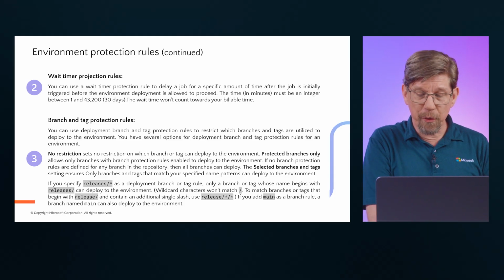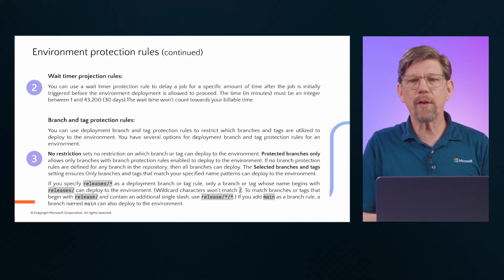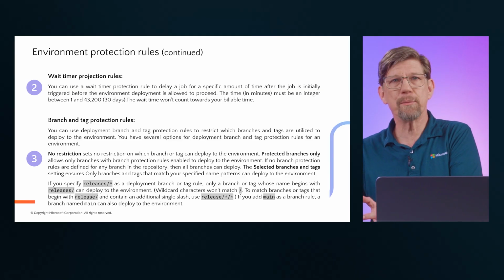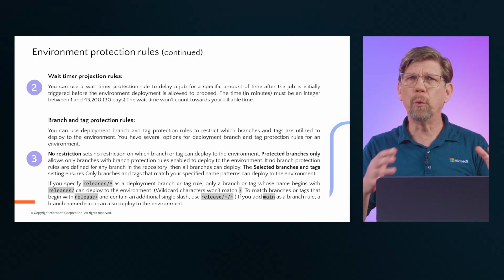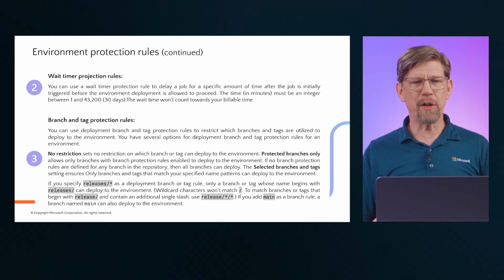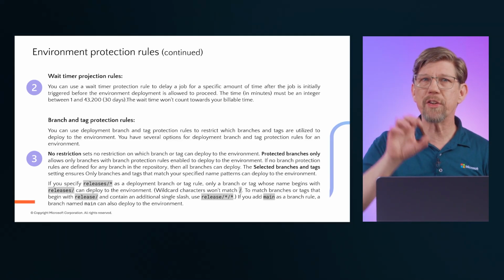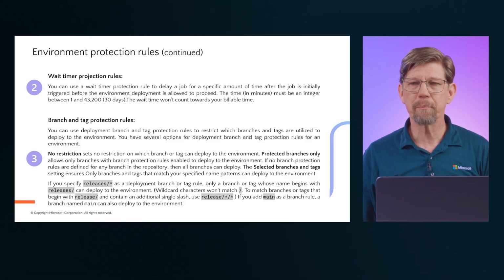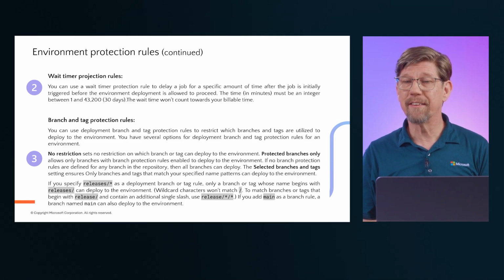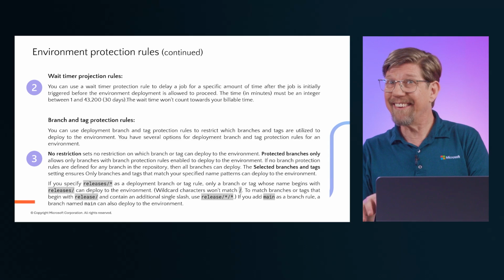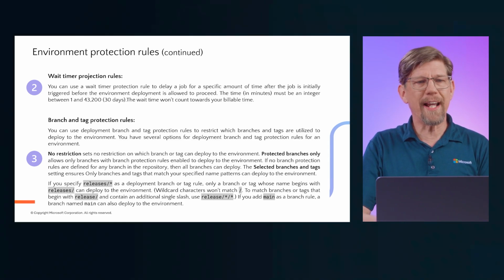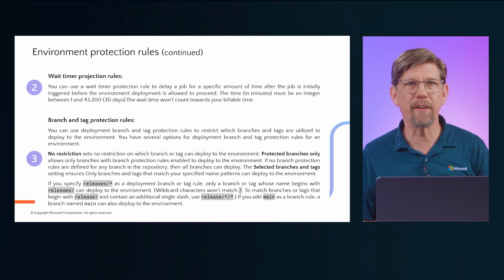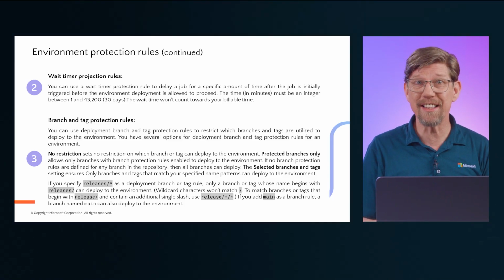This could be part of your testing process, or it could also be part of your deployment, of your rollout. We may have a ring type deployment in which we deploy maybe to one region initially. And then we sit and we wait, and we ensure that nothing goes wrong. And we might wait for 6 hours or 8 hours, right? You'll see here that we could wait up to 30 days.